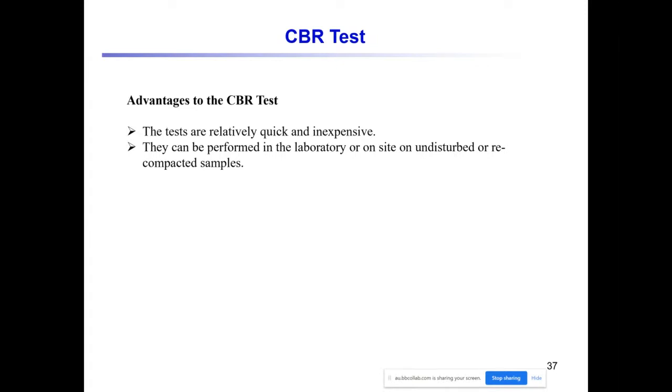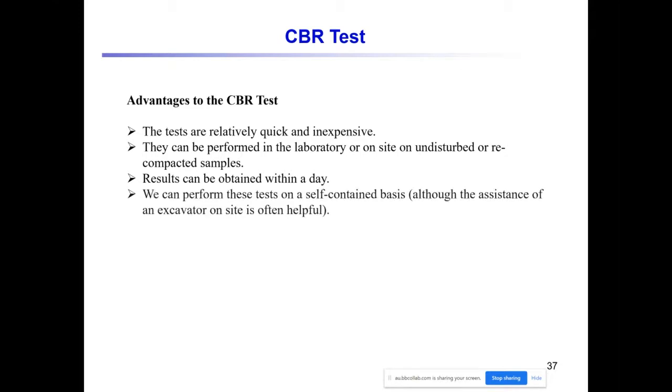It can be done in the laboratory, or it can be done in the field on different soil samples. And as I mentioned, you can get the results within a day, and you can perform it just by yourself, but the assistance of one excavator will be very helpful.